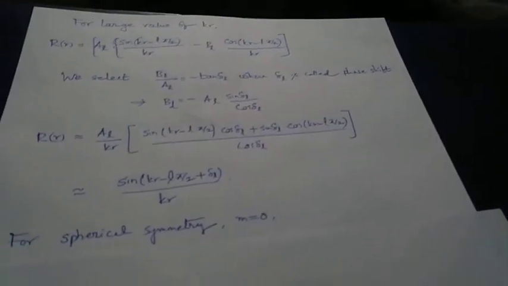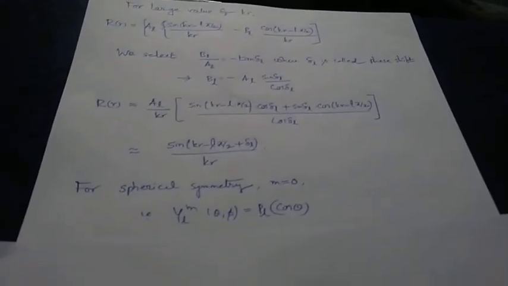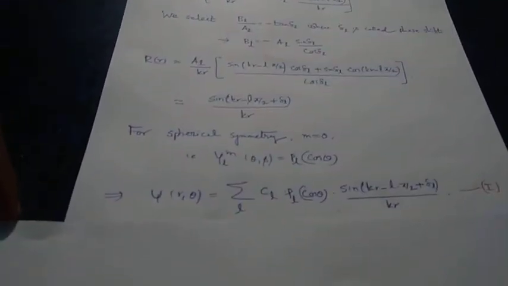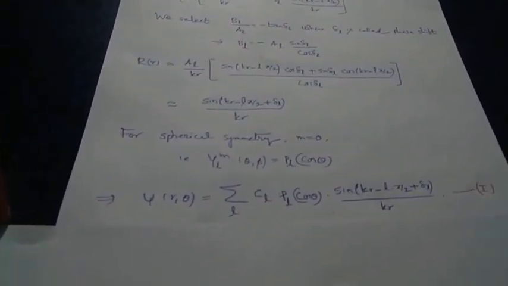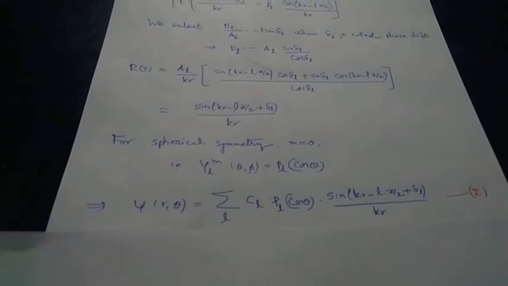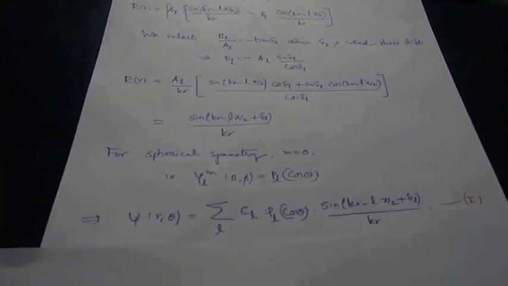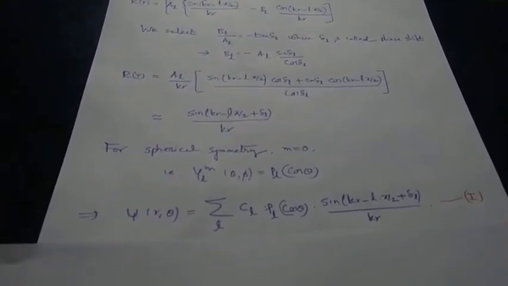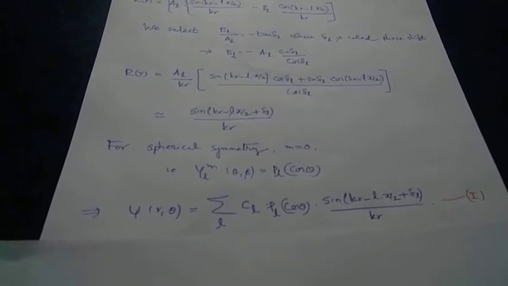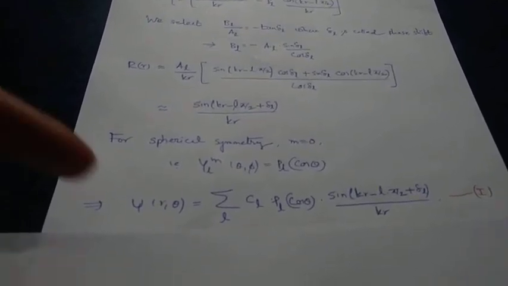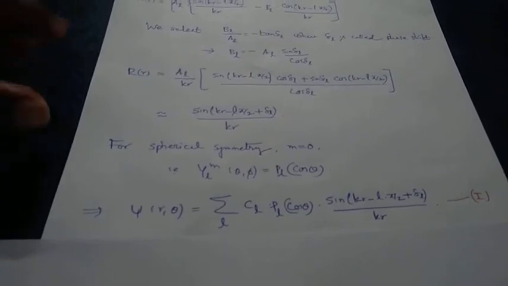For spherical symmetry, m is equal to 0, and Y_lm of theta, phi can be written as P_l of cos theta, the associated Legendre polynomial. So our total wave function for the scattered wave can be some constant C_l and P_l of cos theta into sine of (kr minus l pi by 2 plus delta_l) all divided by kr, summed over all values of l.